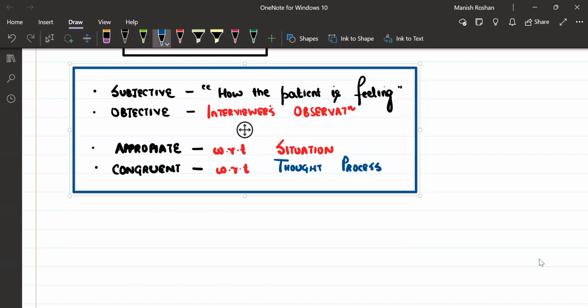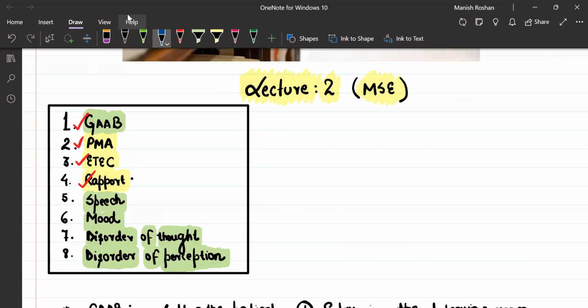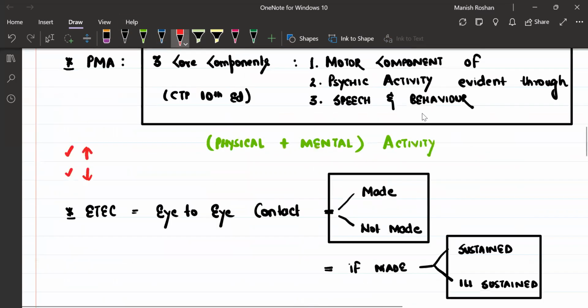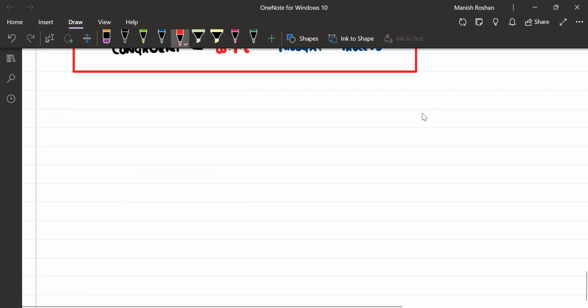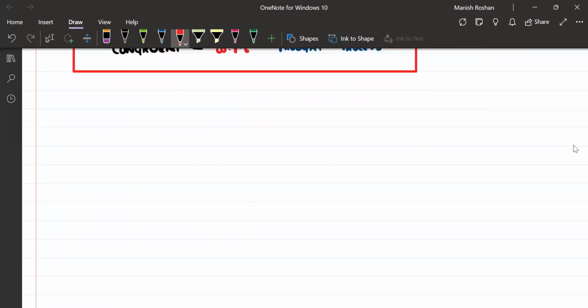Next, as we have come through, we have discussed general appearance and behavior, the psychomotor activity, eye-to-eye contact, rapport, speech, mood. Let's come to the disorder of thought and disorder of perception. These are the last two headings. First is the disorder of thought.